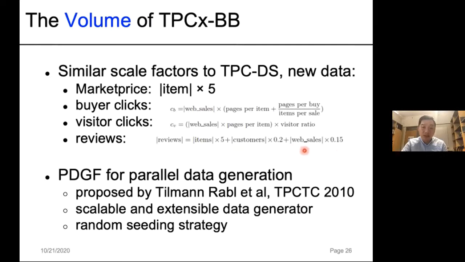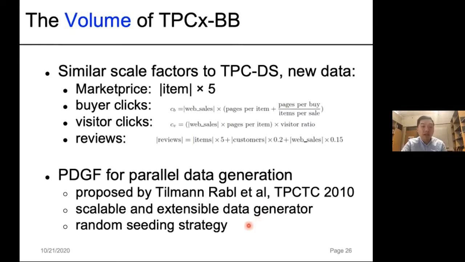That means the sources of reviews are based on anonymous reviews, random item reviews by registered customers, and the reviews based on sales. The data generation is based on a parallel data generation framework, PDGF in short, and it's implemented in Java and fully platform independent. It's a scalable and extensible data generator with 2 XML documents for configuration, including the schema configuration and the data generation configuration.